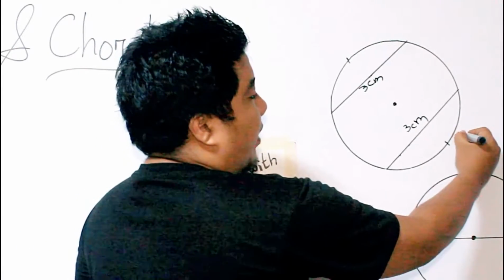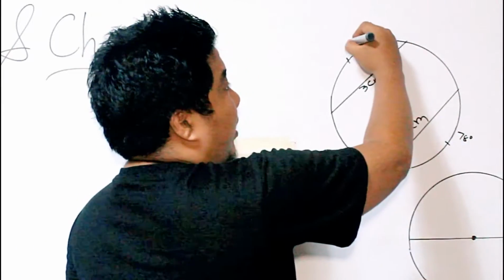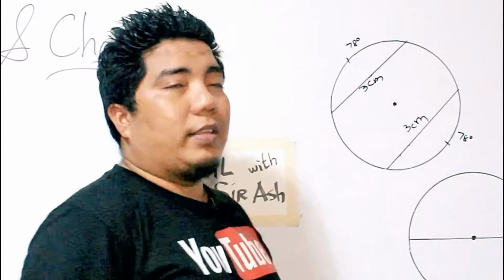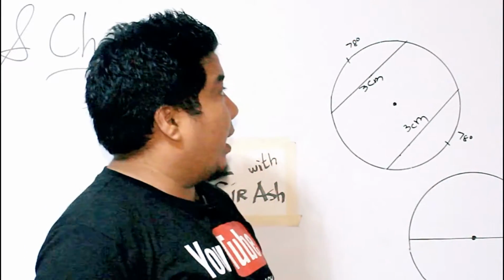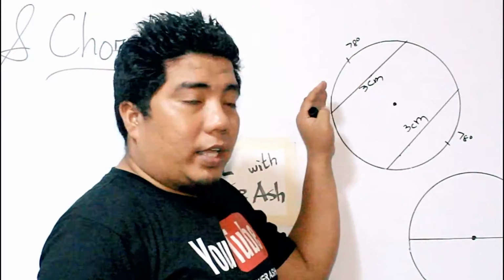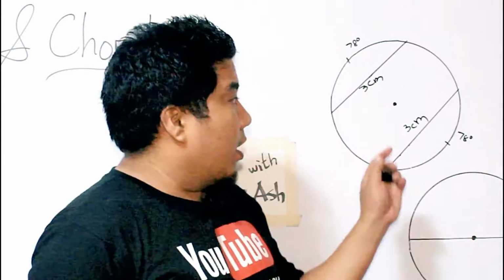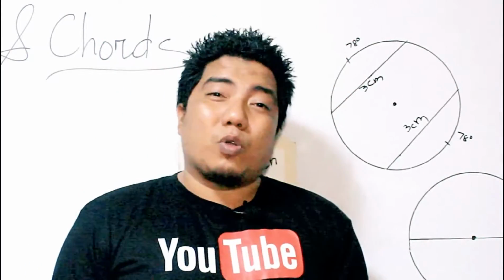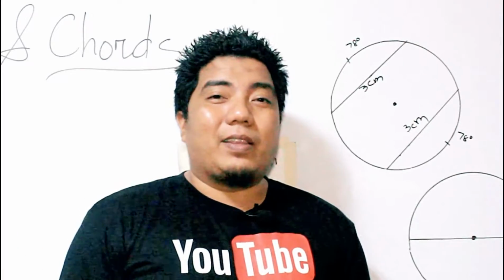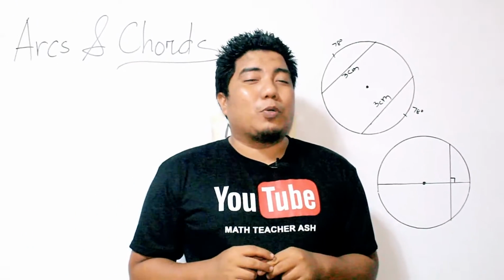Let's say if this is 78 degrees, then this is also 78 degrees. Thus, we can say that if this arc is equal to this arc, then the chords are also congruent. Very simple, right? Now, for theorem number 2.